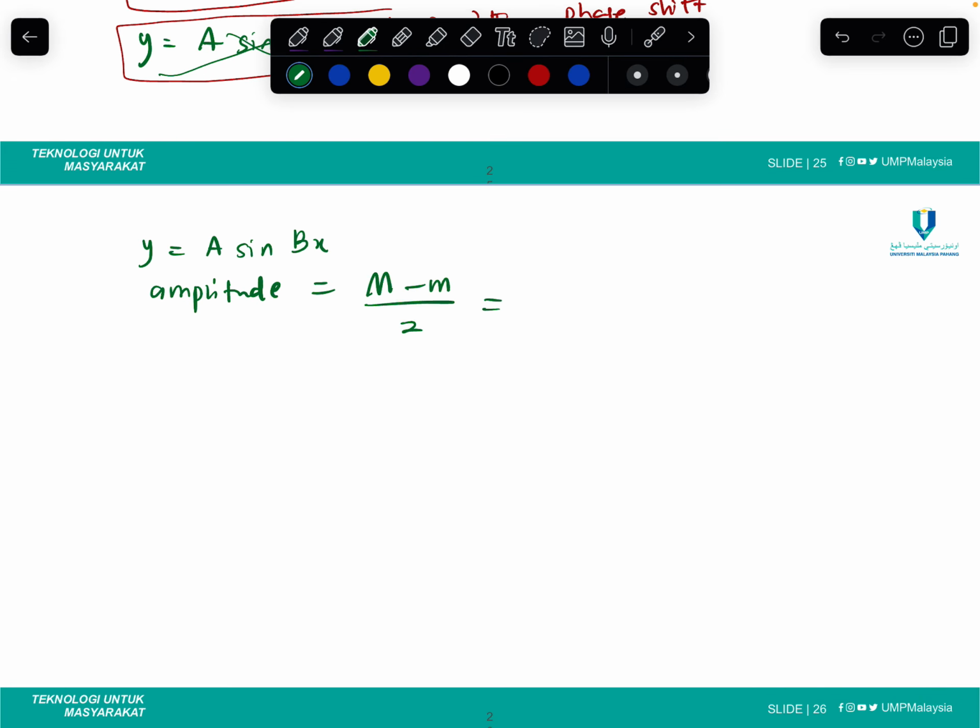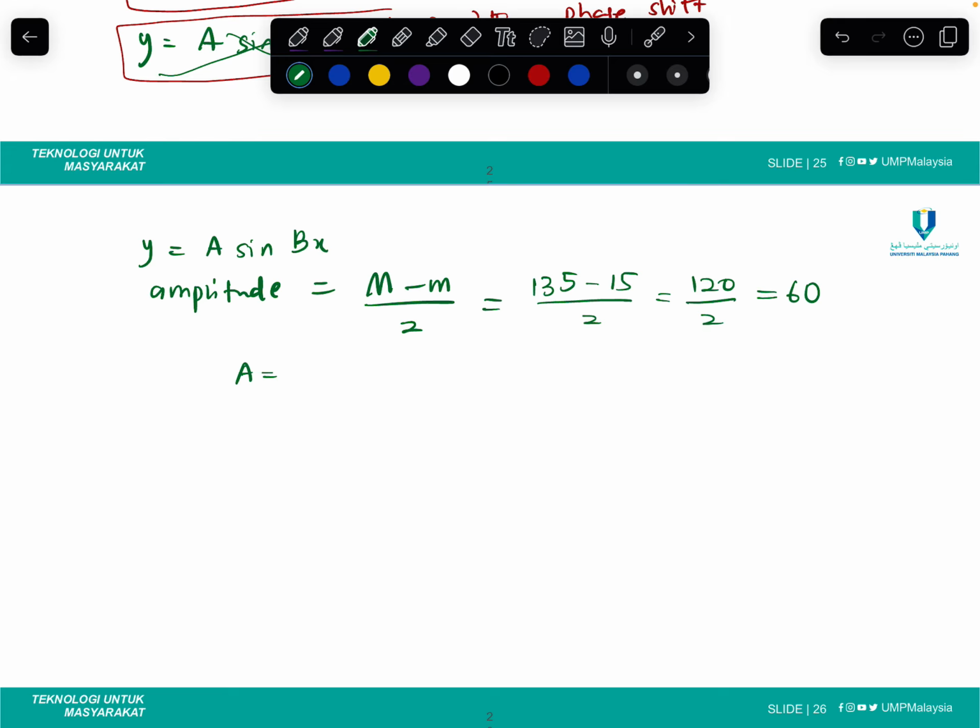The maximum value is 135, the minimum value is 15, over 2. This is 120 over 2 equals 60.